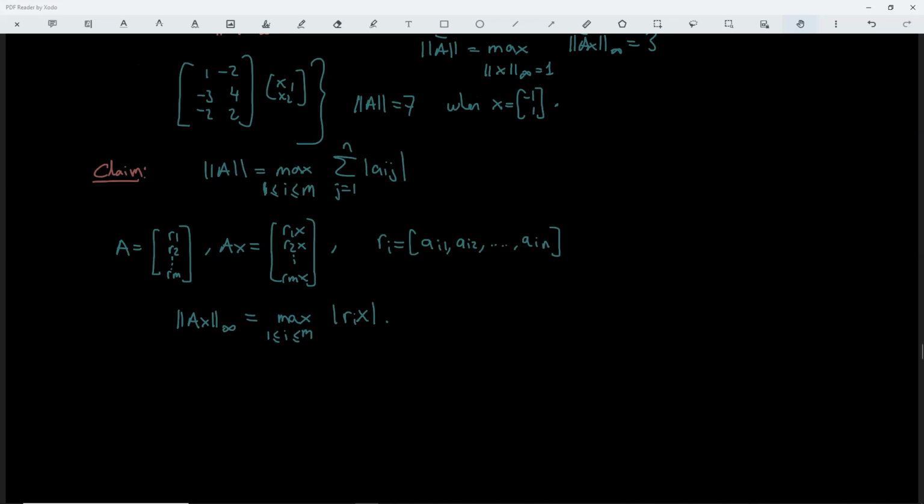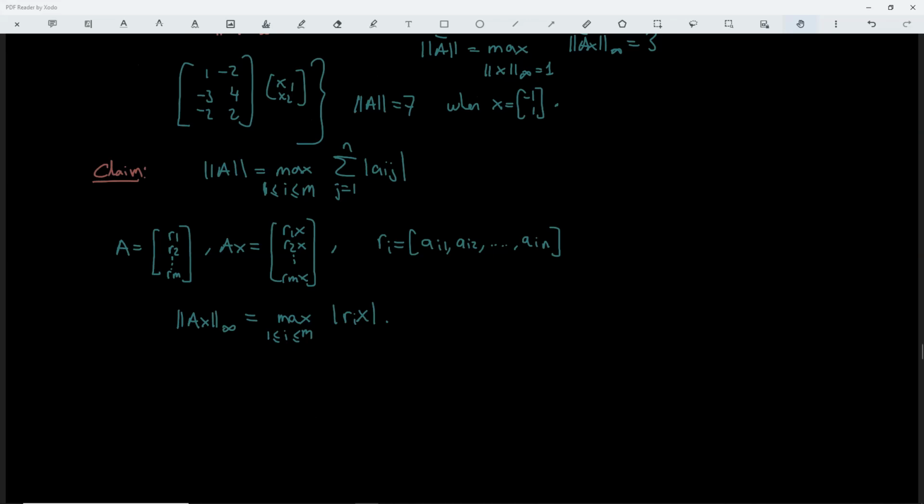So let's assume that that is the kth row, and there's a vector whose infinity norm is equal to 1. Let me write it this way.